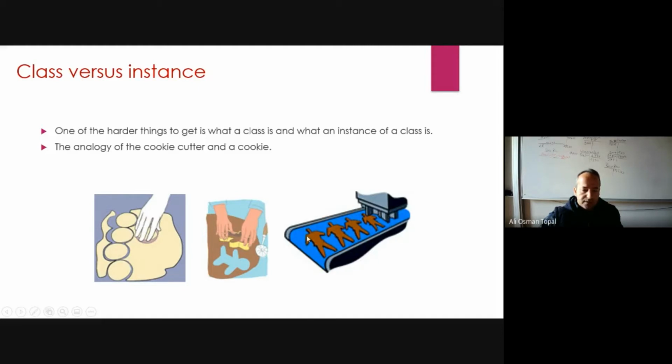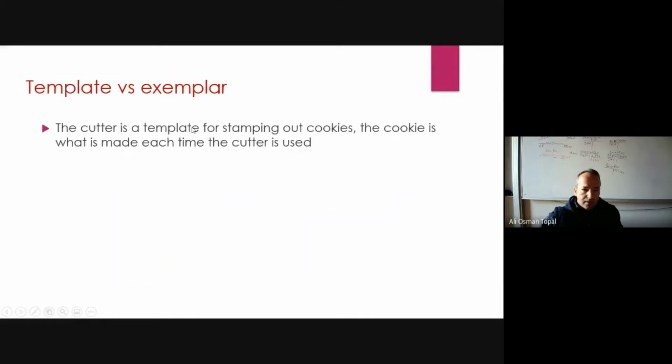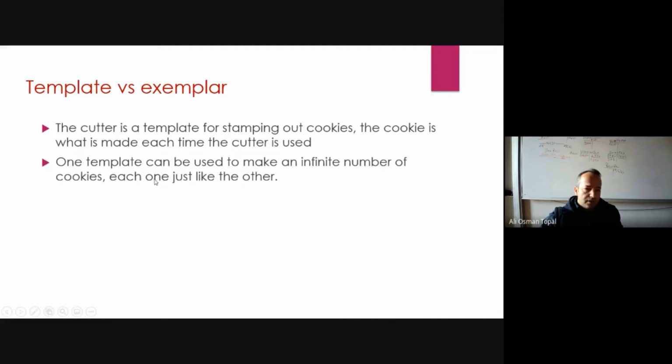These are instances. The cutter is a template for stamping out cookies. The cookie is what is made each time the cutter is used. So one template can be used to make an infinite number of cookies, each one just like the other. No one confuses a cookie for a cookie cutter. I guess we are okay with this one.